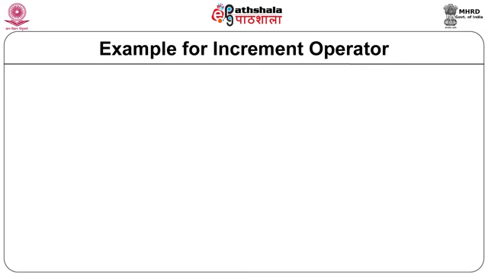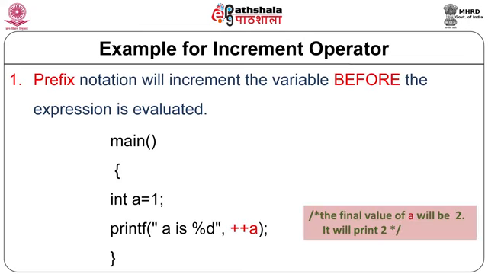Here a very simple example is given for prefix notation. Prefix means operator before variable. Now you can see this is a simple program which includes integer variable a, initialized to the value 1. In the printf statement you can see the message a is %d, comma, plus plus a, which means here we are using prefix notation, operator used before variable a.